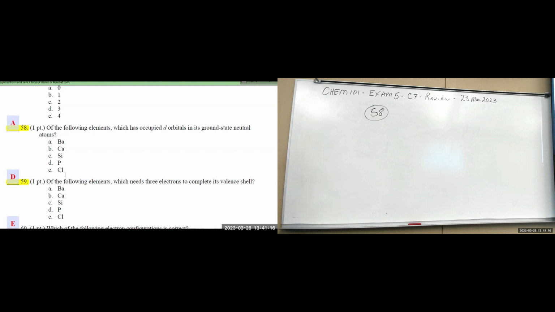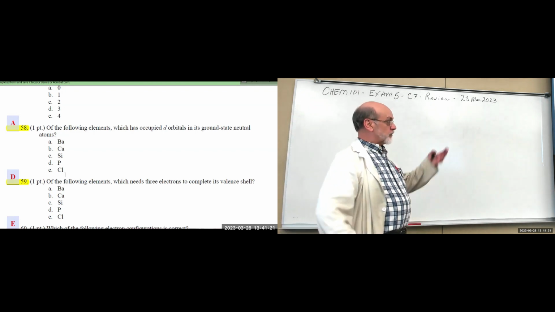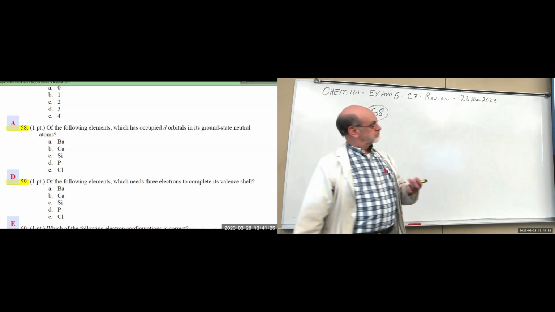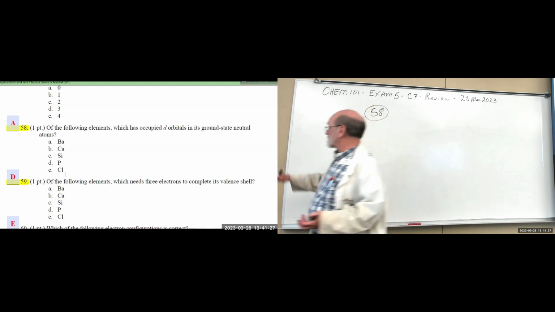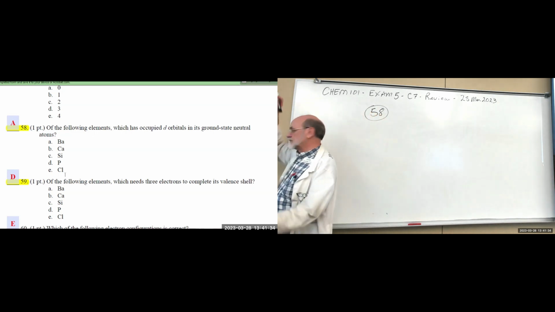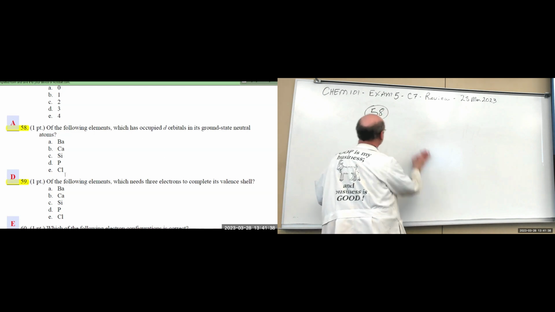It's got filled d orbitals. So we found our answer. If we go through the rest of them, you'll find that calcium, nope. Silicon, phosphorus, nope. And chlorine, nope. No d orbitals for those guys. Just barium.